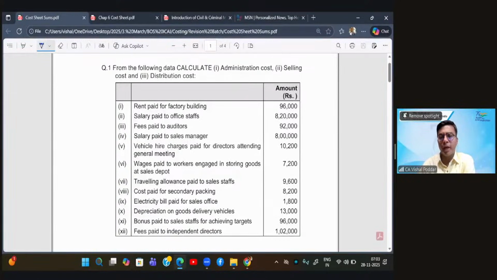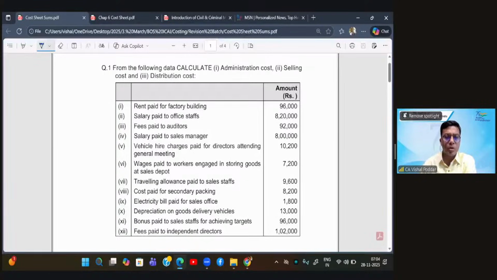Like how we have the balance sheet as the end result of our financial accounting process, in a similar fashion, the report we get as a result of the cost accounting process is the cost sheet.